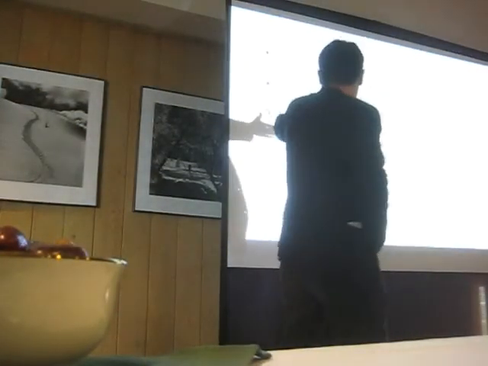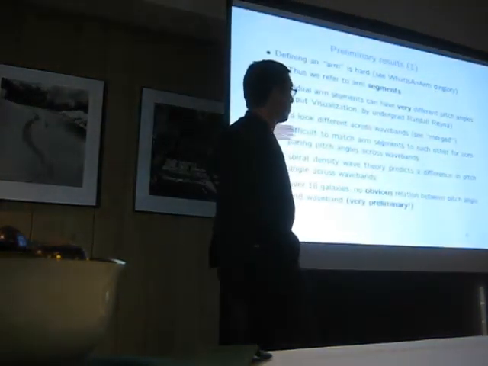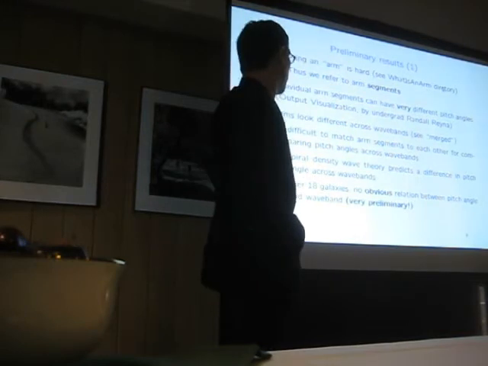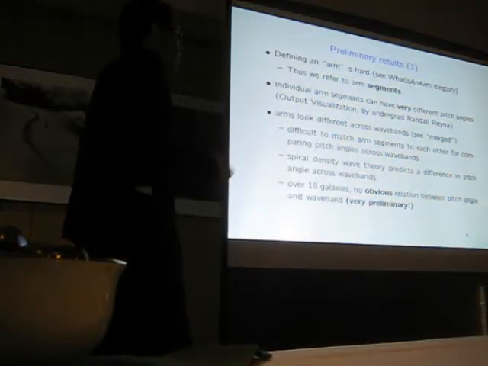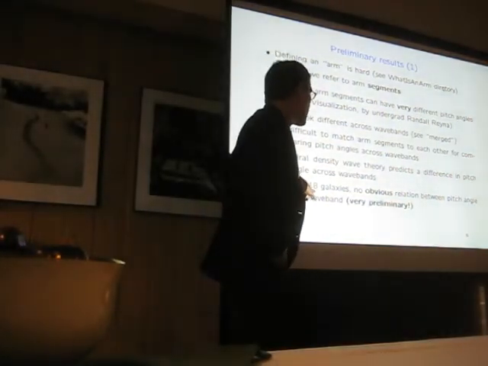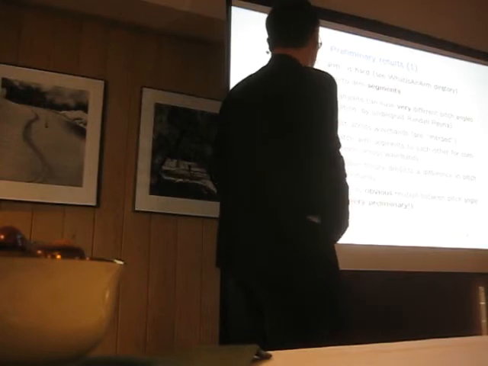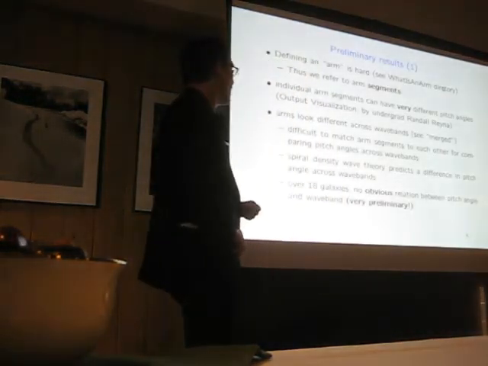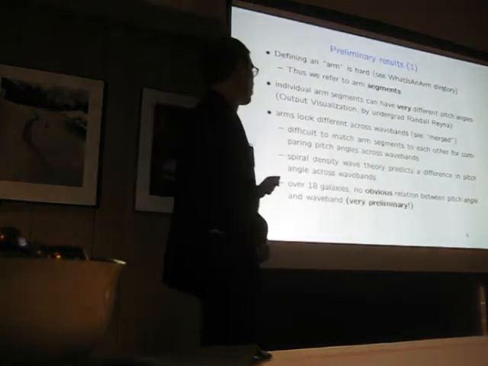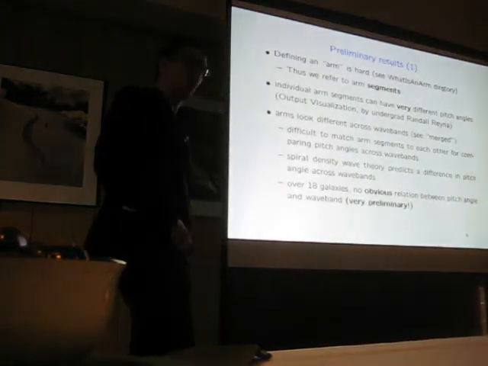It's difficult to match arm segments to each other in different wave bands for the purpose of comparing pitch angles. We run our code on 30,000 galaxies, but this wave band comparison is quite difficult. We've only done it over 18 galaxies, and from a very preliminary standpoint, we have found no obvious relation between the pitch angle and the wave band.